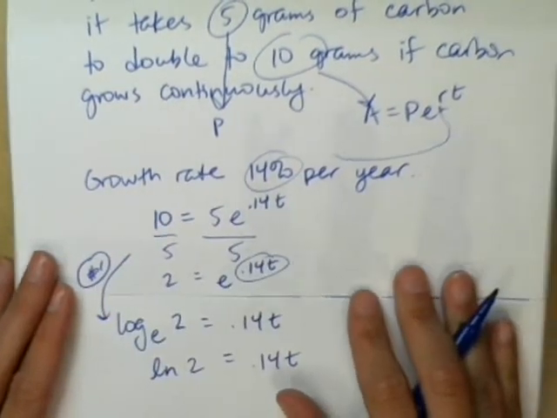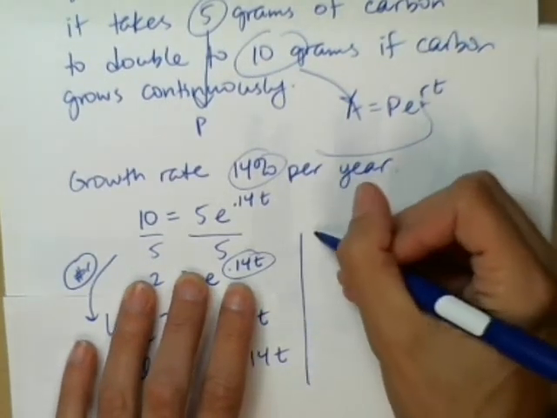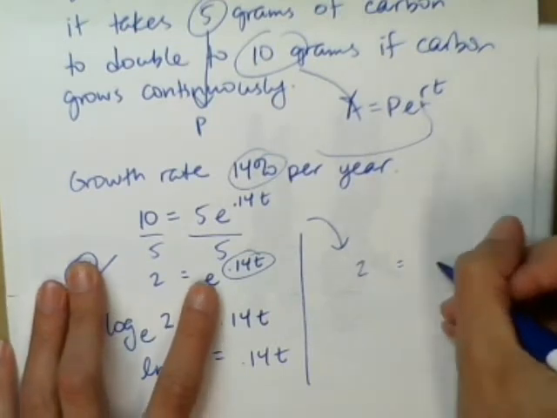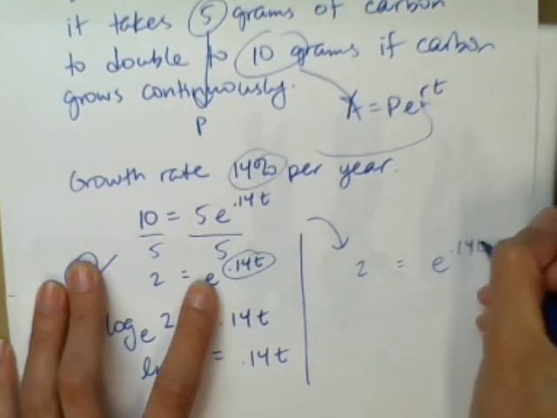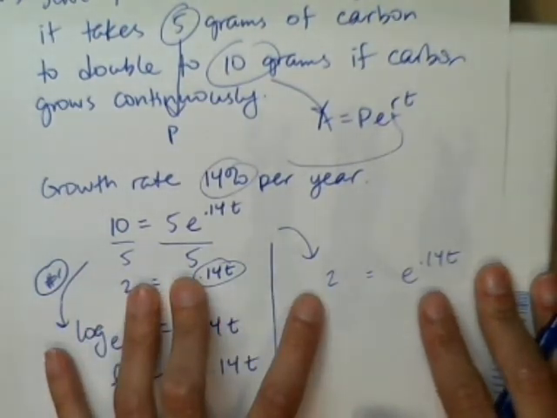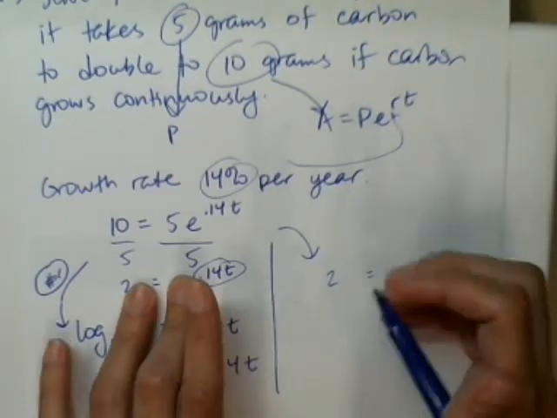A simpler way to think this one through is to take the equation that we had and apply the natural log on both sides. It's an equation, and whatever I do to one side, I can do to the other.